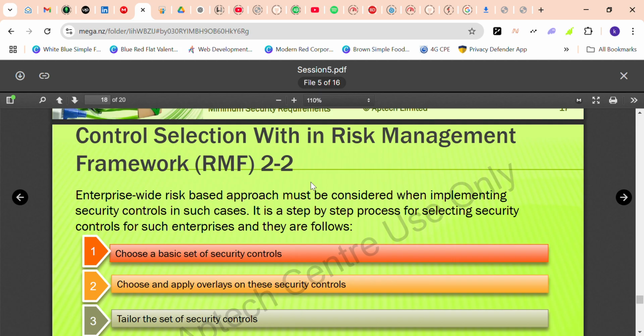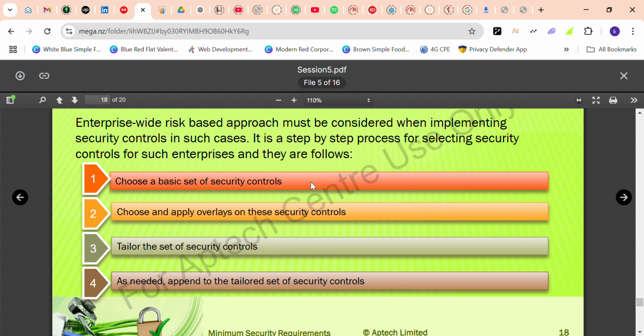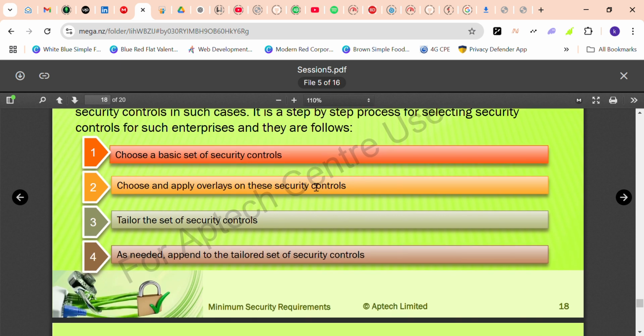Number three, tailor the set of security controls. It should be documented, implemented, and picked. Pick it first, implement it, and then document it. That's the meaning. And number four, as needed, append to the tailored set of security controls. Based on the kind of security control that is needed, it has to be implemented.